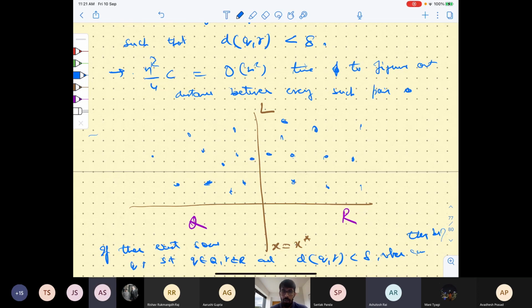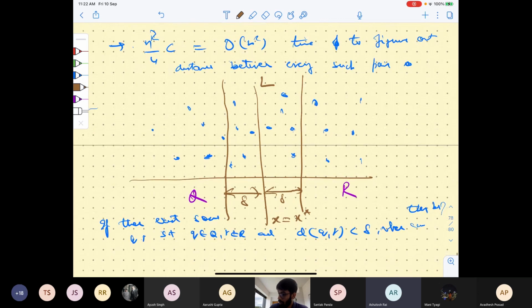They cannot be more than delta distance apart from L. So what Ayush says is that you take delta distance on either side of this line L, and find this strip of width delta. If there exists such a point, then it has to lie within delta distance from L on either side. Can you see the proof?